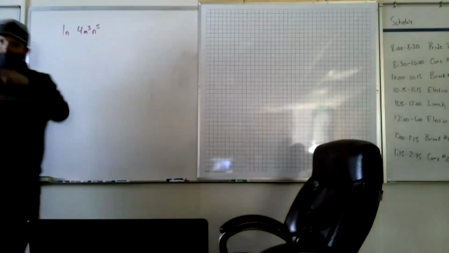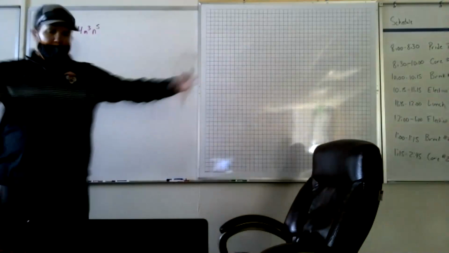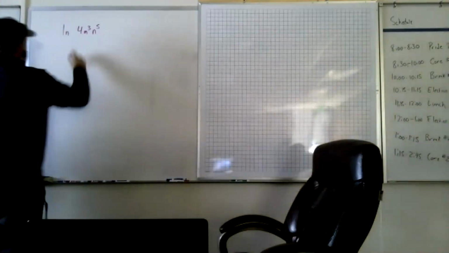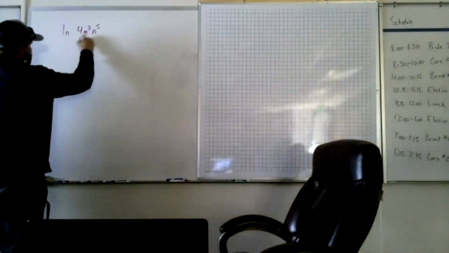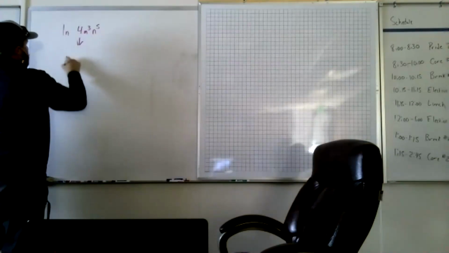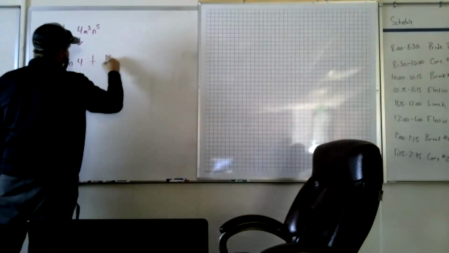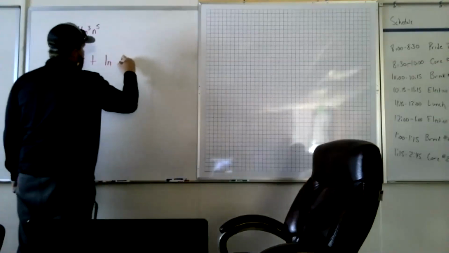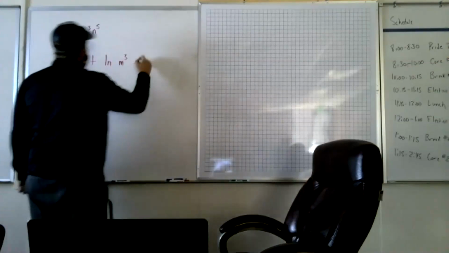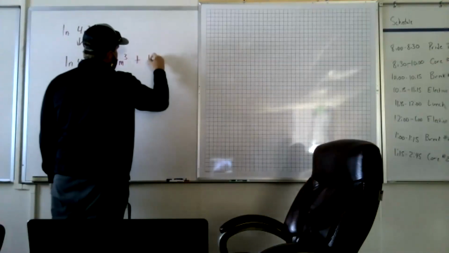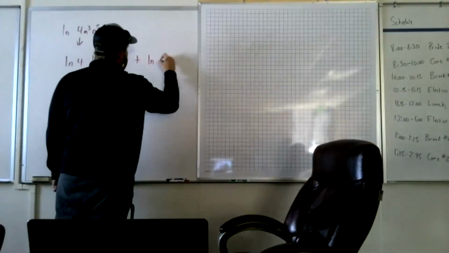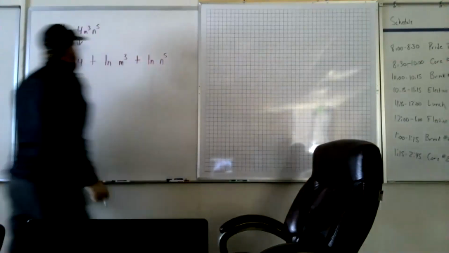So the first thing I want to do is use my product property of logarithms and break those all apart. So this is equivalent to the natural log of 4 plus the natural log of m cubed plus the natural log of n to the 5th.